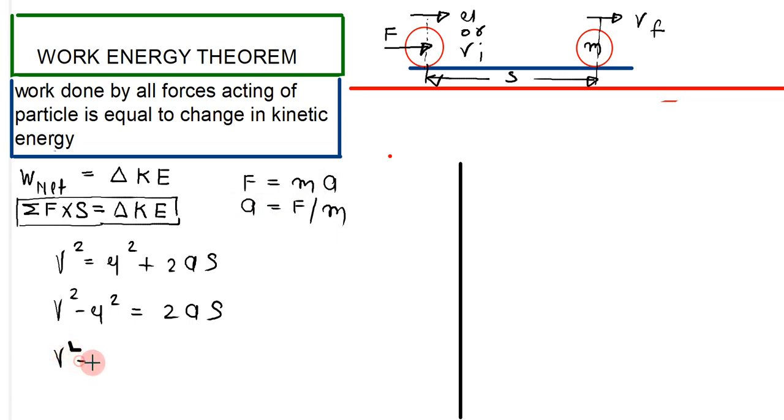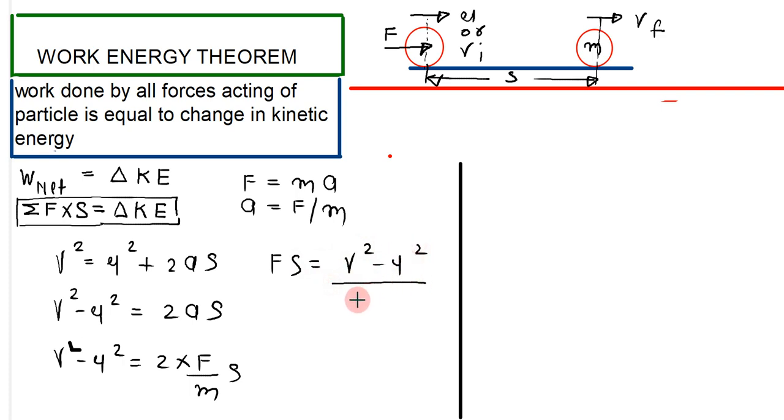So you can replace a by f upon m, giving 2 into f upon m into s. So f into s remains, and that becomes v square minus u square divided by mass by 2. So fs becomes 1 by 2 m into v square minus u square.